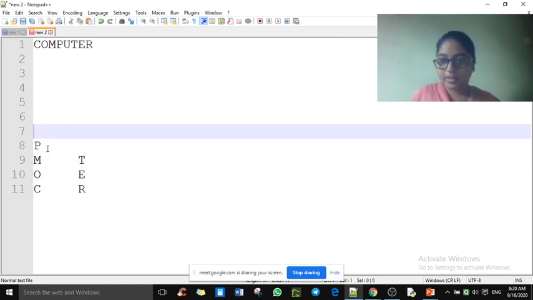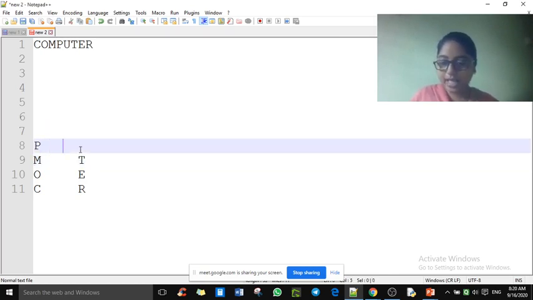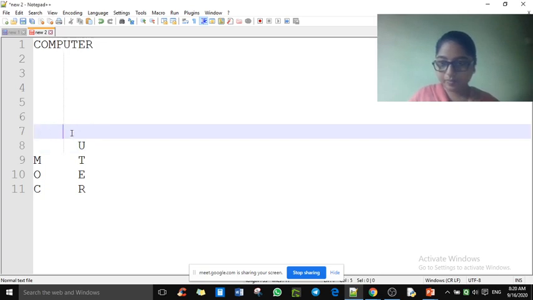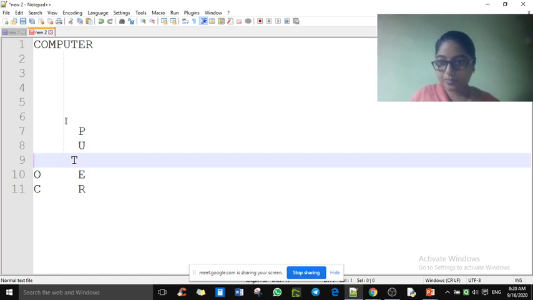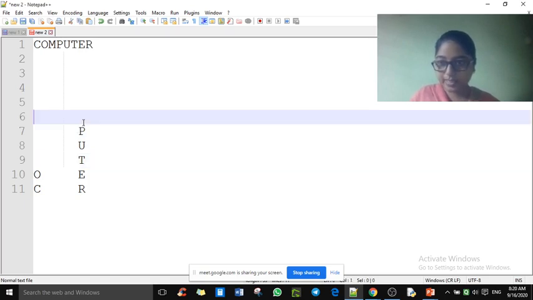And so on. I am removing one element and keeping it here. So now M is removed and it is placed here.